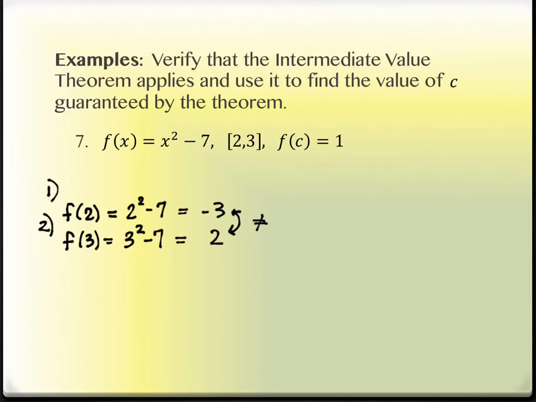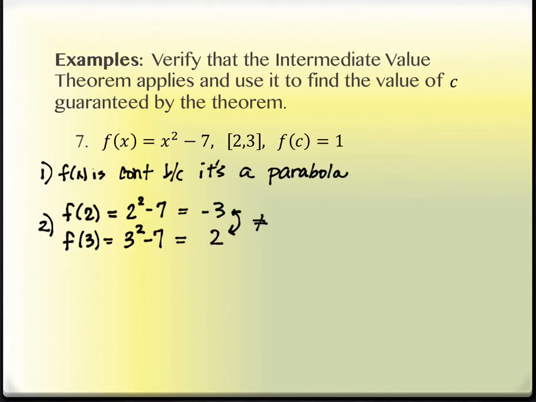is to write down that it's a parabola, so it's going to be continuous. So f of x is continuous because it's a parabola, or you could say it's a quadratic, or you could say it's a polynomial. Any of those things would be fine. Okay, it's continuous.